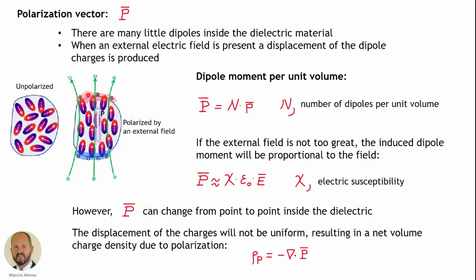For example, in this part, these charges are not compensated by other charges, so we have a net positive charge here, and in this part here we have negative charges that are not compensated by other charges, so we have a net negative charge in this part. The charge density due to polarization is calculated with this expression, minus the divergence of the polarization vector.